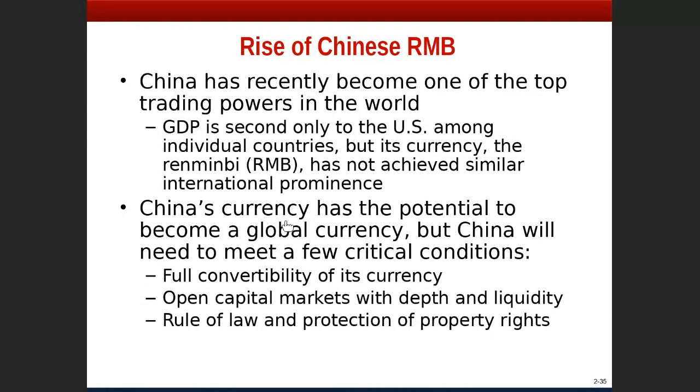China's currency has the potential to become a global currency. It needs to meet a few critical conditions. Full convertibility of its currency is one condition that China must meet. Open capital markets with debt and liquidity should also be encouraged. The rule of law and protection of property rights should also be fostered and encouraged.